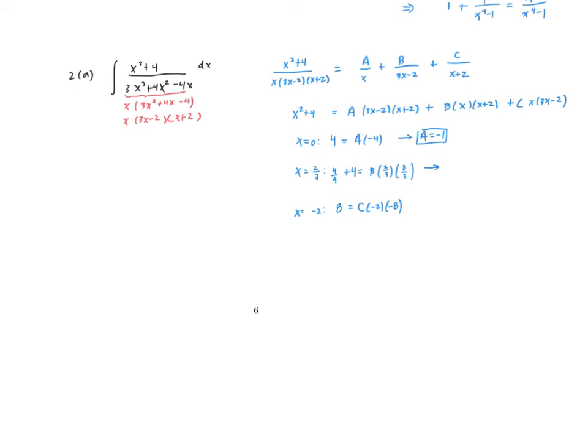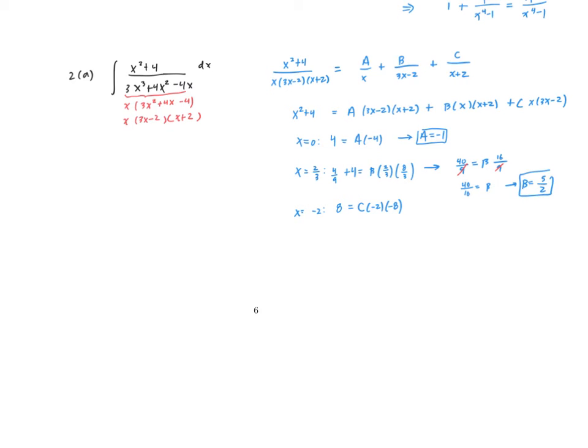So here we need to do a small bit of algebra. 4 is 36/9, so we have 40/9 equals B times 16/9. So if we multiply both sides by 9 and divide both sides by 16, that would leave us with B being 40 over 16, which is really equal to 5/2. So B equals 5/2.